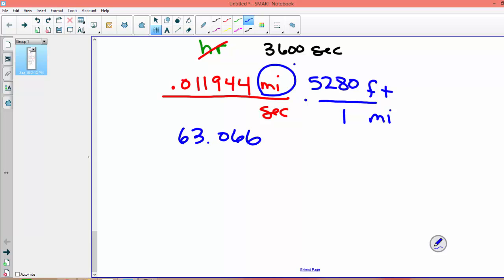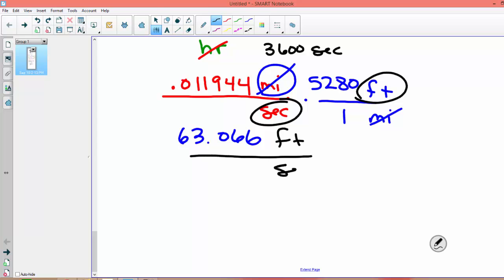And then the units, the miles cancel, so what we're left with is feet per second. So every second a greyhound is going 63 feet if it runs at 43 miles per hour. That's pretty fascinating.